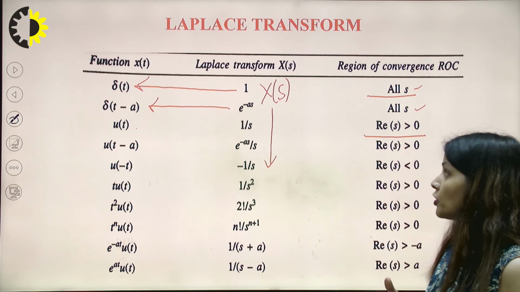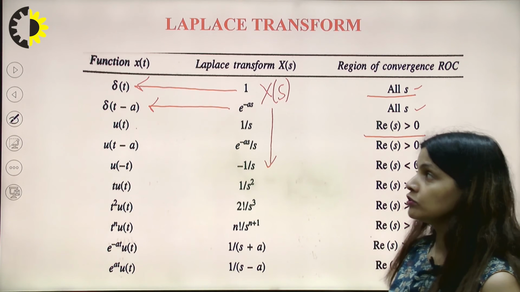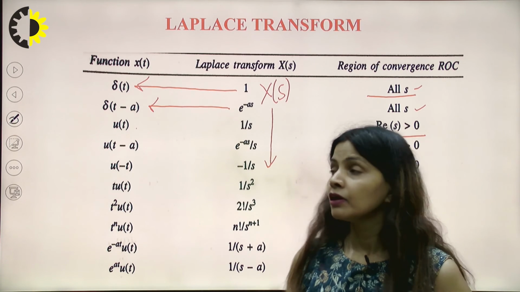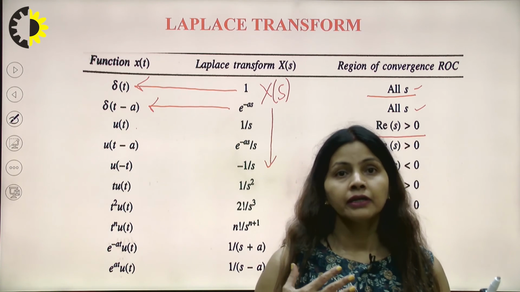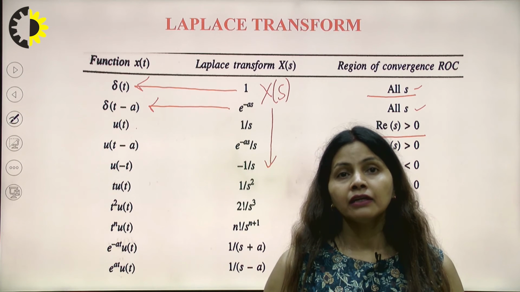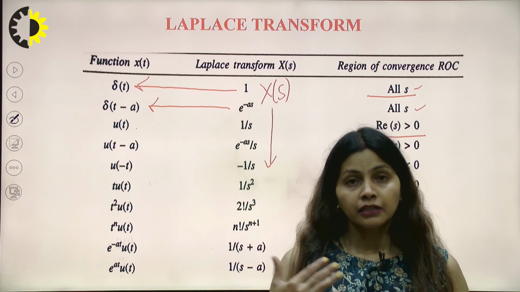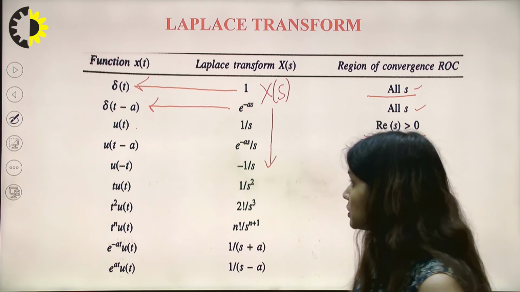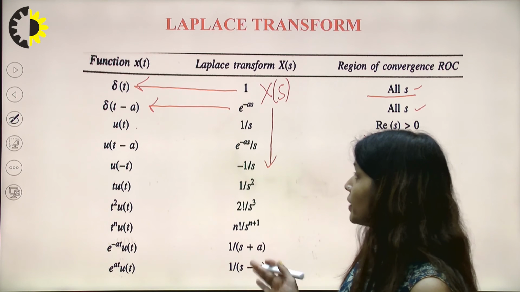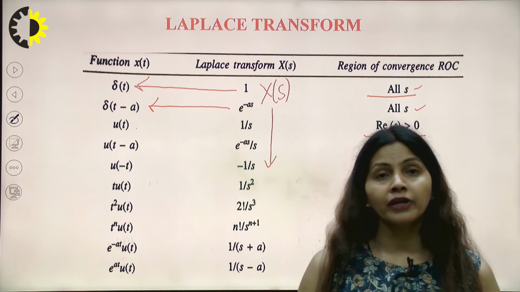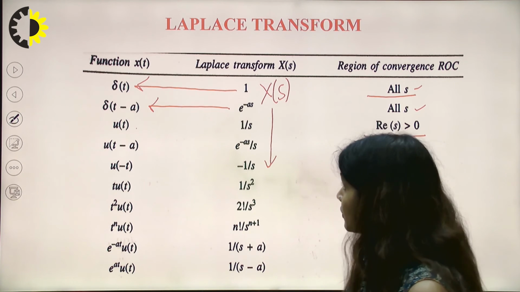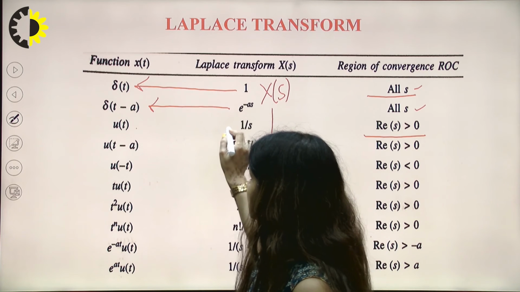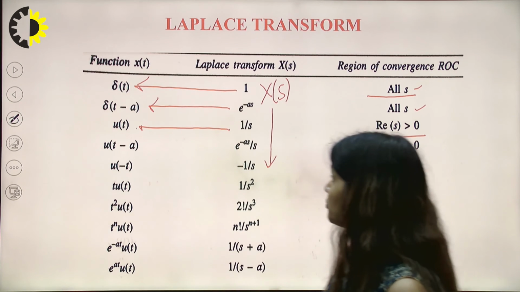So this is important, and while we are taking the inverse Laplace transform, we can define the region of convergence for these values, but we need to write it there. Okay, so 1 upon s, the inverse Laplace transform will be u(t).